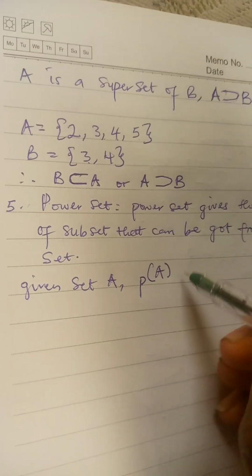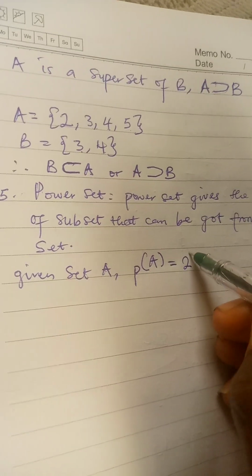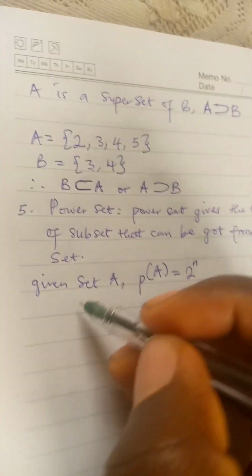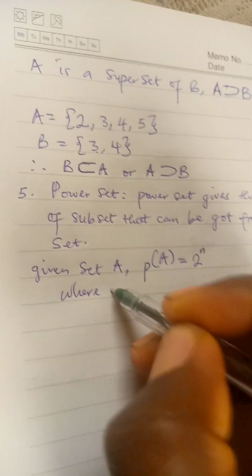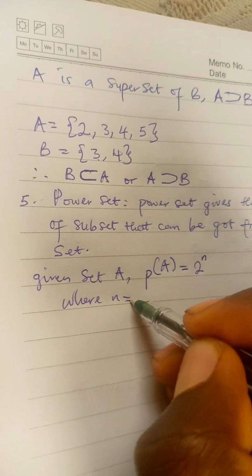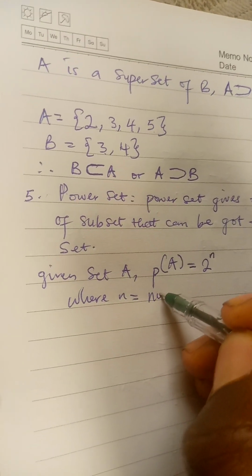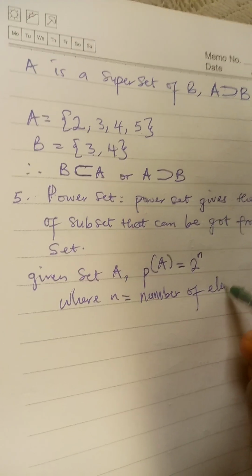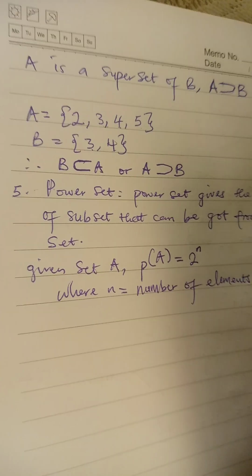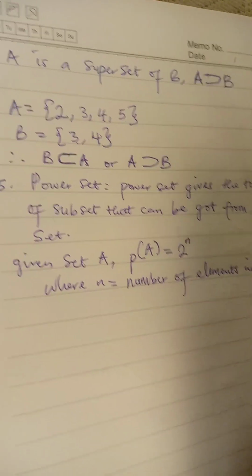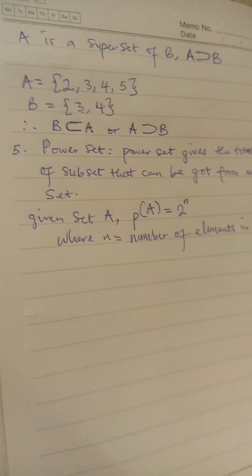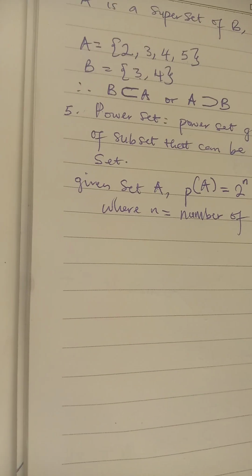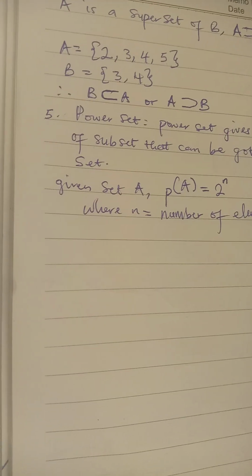P(A) equals 2 raised to power n, where n is the number of elements in the set. So n is the number of elements present in that set. Okay, I think we are good.